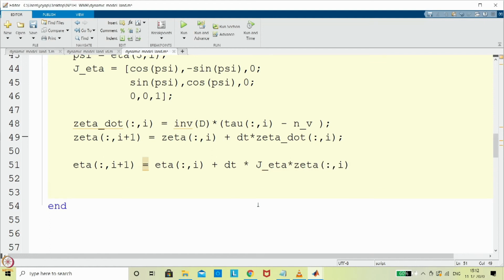But eta depends not only on initial velocity, it also depends on initial acceleration. So we can add one more factor.